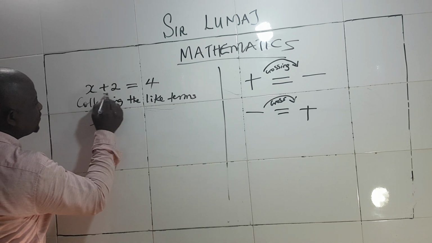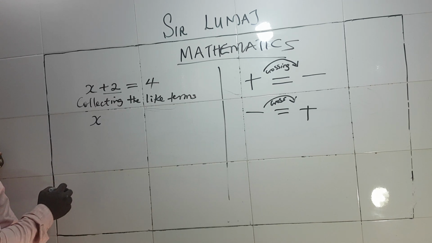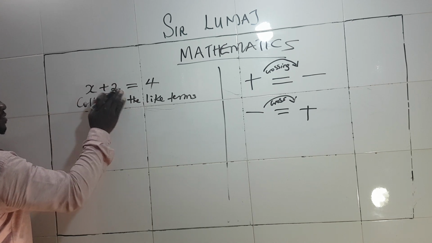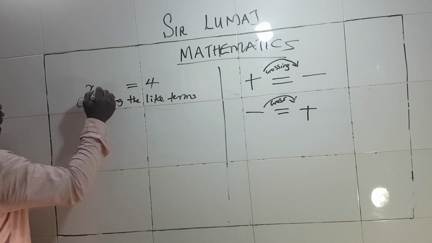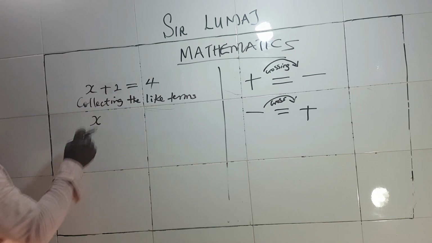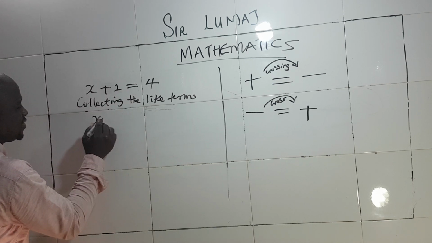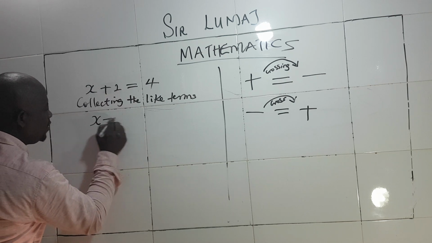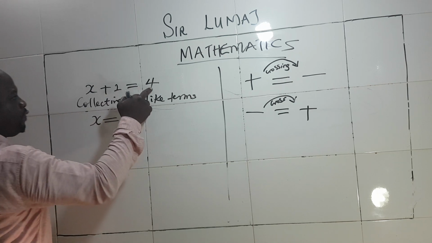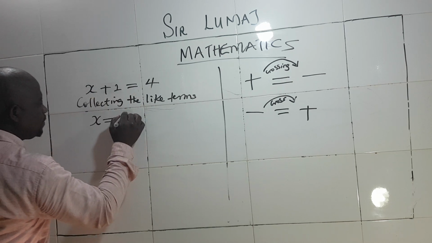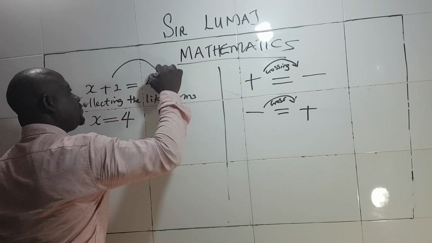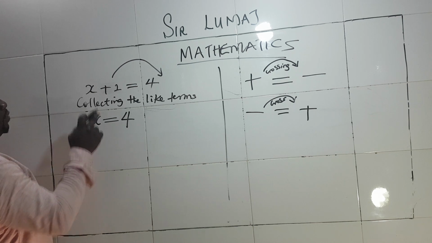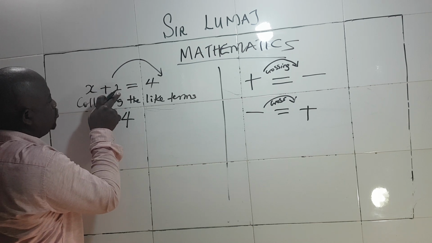By the time it leaves this place, can you see any figure there? No. Let me write it again. By the time it leaves this place, nothing will be there. What will be next? Equal to. 4 will move backward. Then this will now migrate to this side, because the sign here belongs to these two.